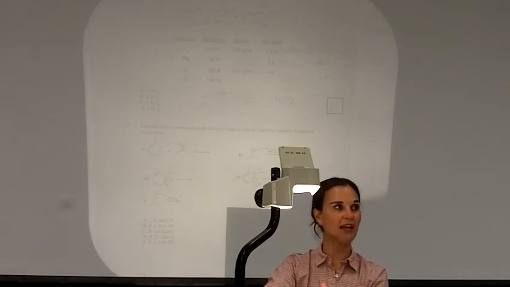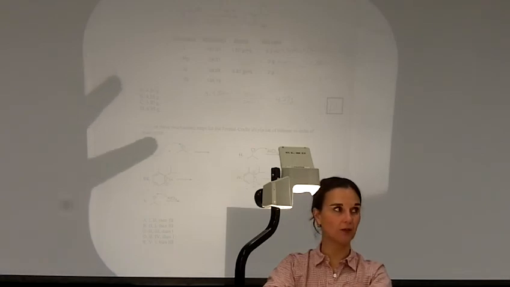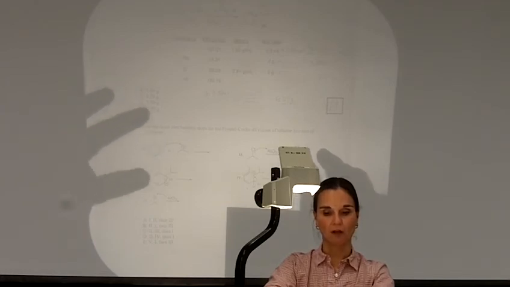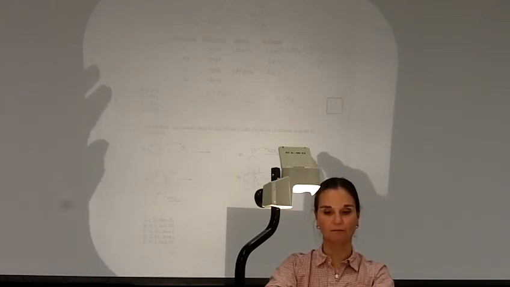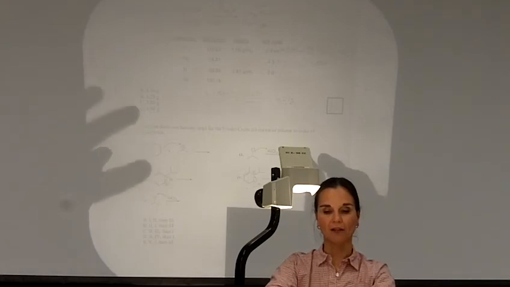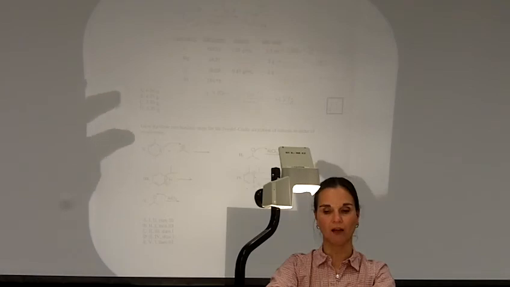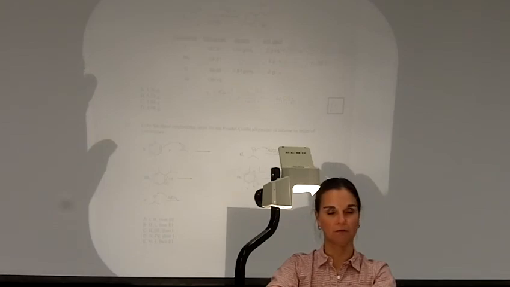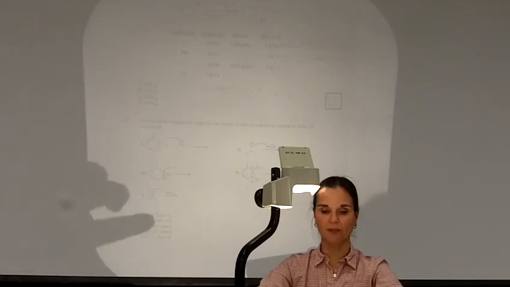Then what does the carbocation have to do? React with the aromatic ring, right? So 1, 2, and then what's the last piece? 3. We've got to lose our proton, okay? And the difference between 3 and 4 is thinking about where that carbocation would be, where the charge would be on the aromatic ring. So the answer is 2, 1, and 3. Answer B.